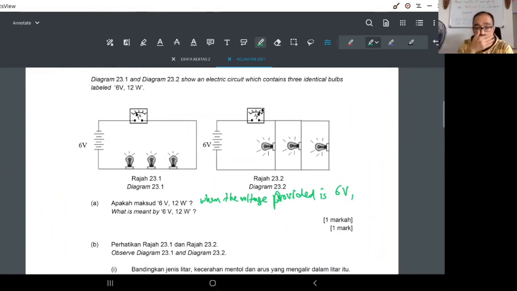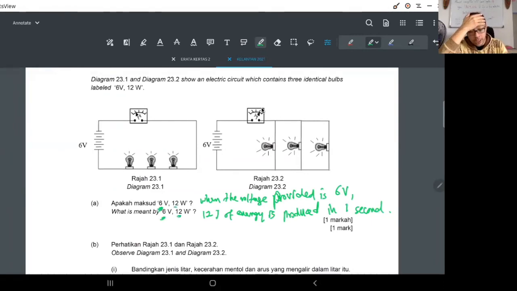But okay, the numbers will change, but the words don't. When the voltage provided is this, so many joules of energy is produced in 1 second. Always 1 second, because it's power. Power is energy over time.